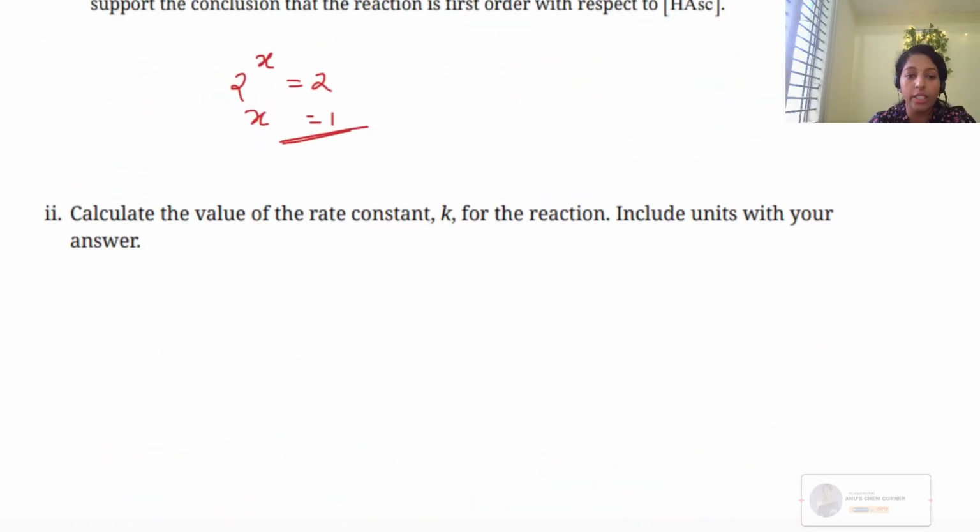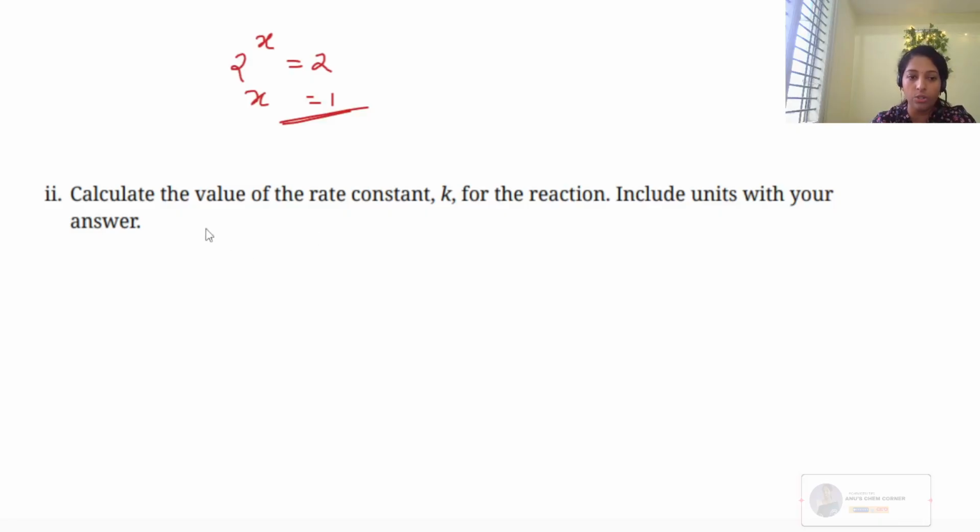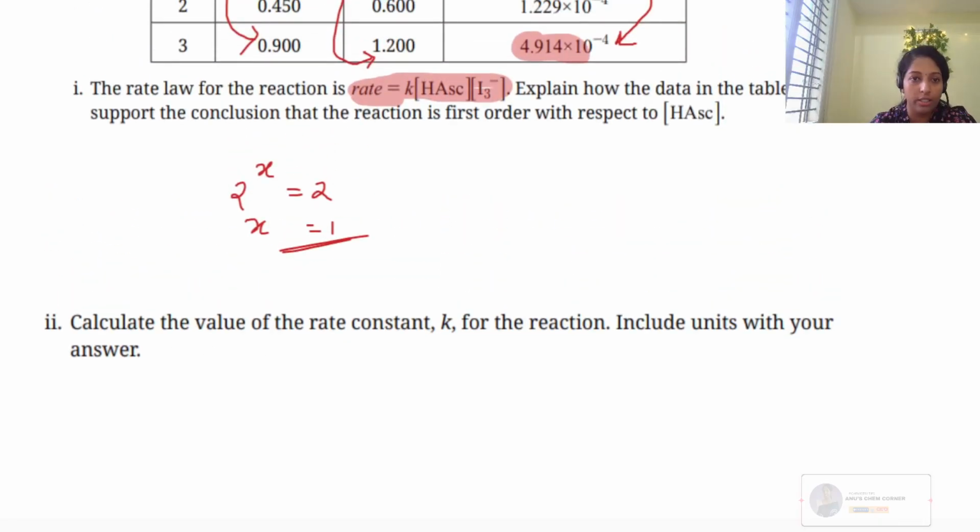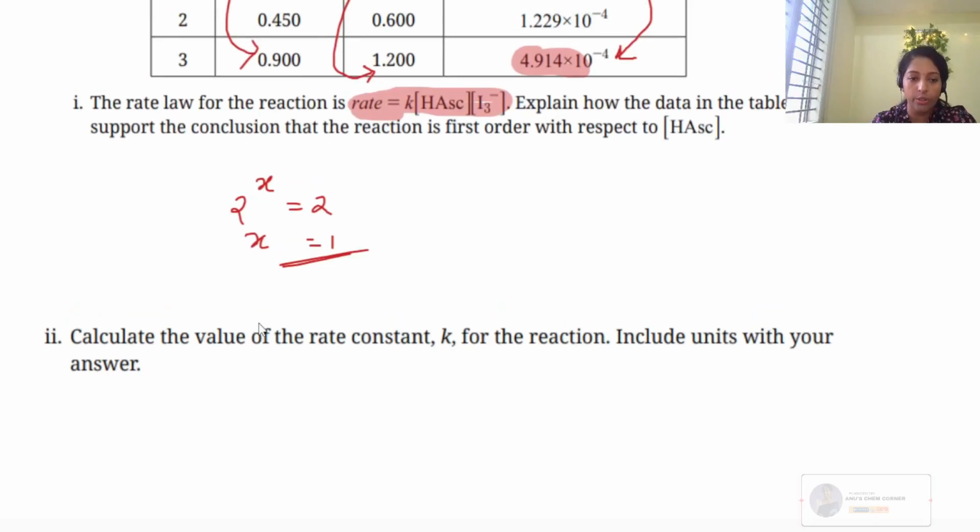Then you need to calculate the rate constant. So you know the rate law, so you can take any of the trials. I'm just taking the first trial. According to that, see the equation, rate is equal to k times the ascorbic acid concentration, which for the first trial is 0.450, and for the I3 minus it is 1.200, and the corresponding rate is, yes, first one, 2.457 times 10 to the power of minus 4.